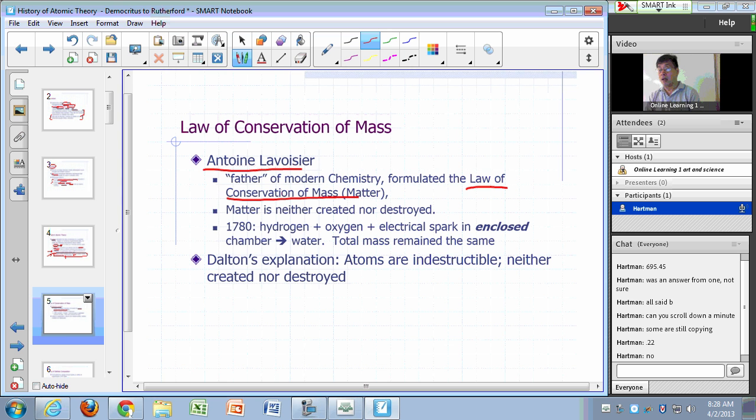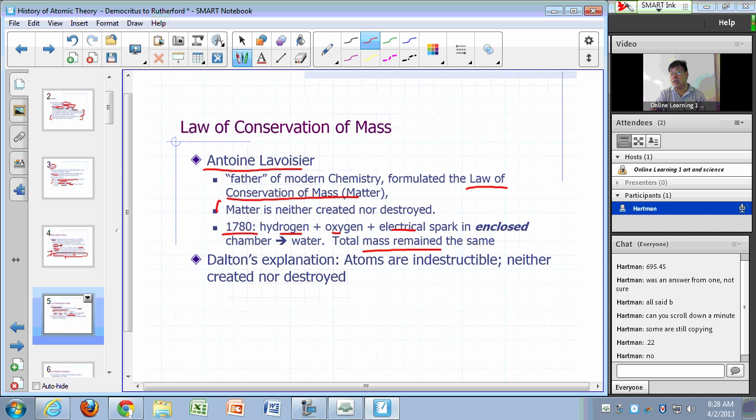Based on numerous experiments, he came to the conclusion that matter is neither created nor destroyed. In 1780, he did a series of experiments involving hydrogen and oxygen. He put them in an enclosed chamber and introduced an electrical spark. He got water. He measured the mass before and after the reaction and found that they were the same.